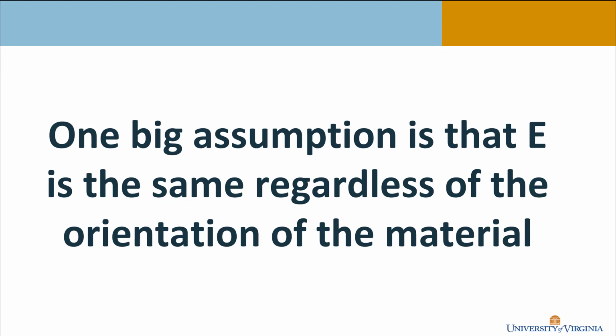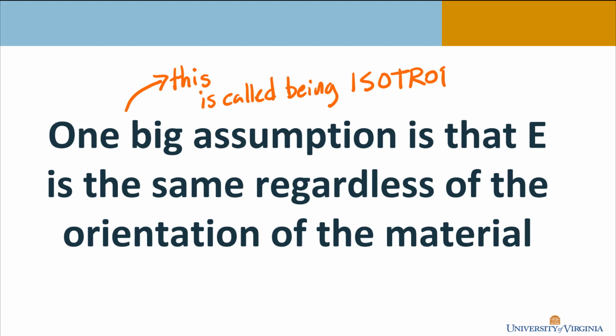Okay, a big assumption in all of this so far is that the elastic modulus, Young's modulus, E, is the same regardless of the orientation of the material. If a material has this property, it's isotropic.